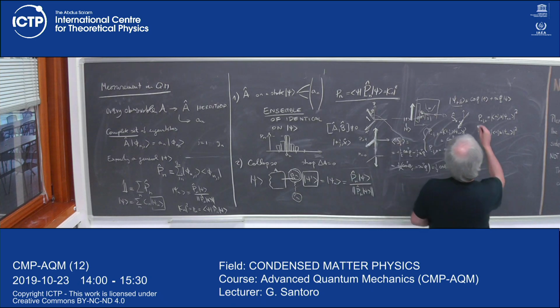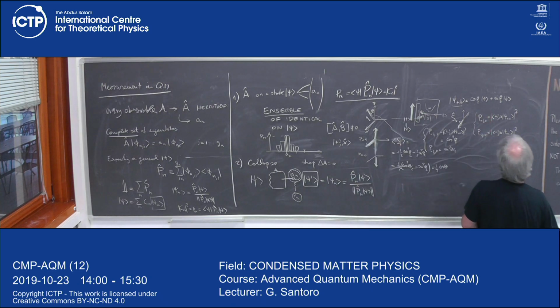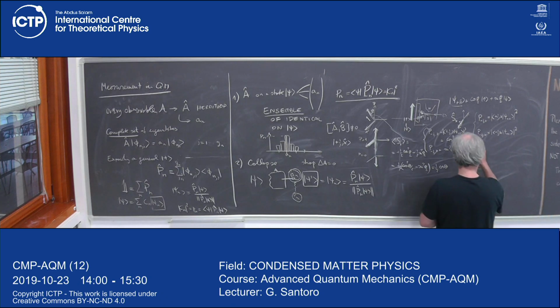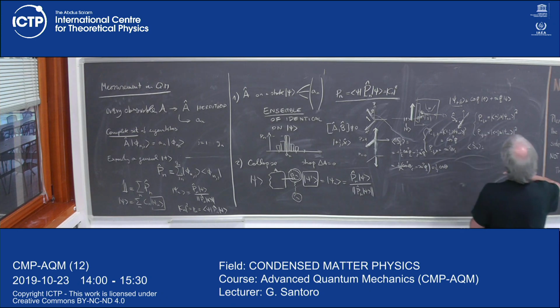Now let's calculate these two numbers and calculate the average Sx. First number, let's do an exercise. This is essentially 1 over square root of 2, 1 over square root of 2. I'm now using two-dimensional vectors to calculate the scalar product, because it's simpler.